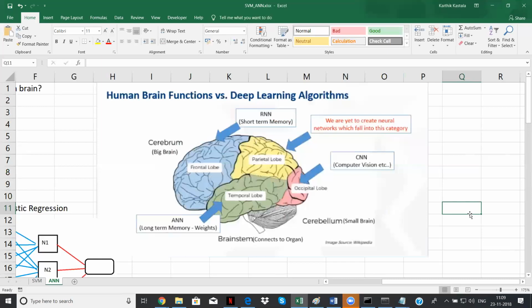Ideally, what should happen if I am teaching you linear regression from day 1 to day 4, and from day 5 to day 7 I'm starting logistic regression? Ideally, should you forget linear regression? You should be able to remember everything, right? If I ask you the definition of R square, you should be able to tell it. If I ask you the definition for MSE, you should be able to tell it.